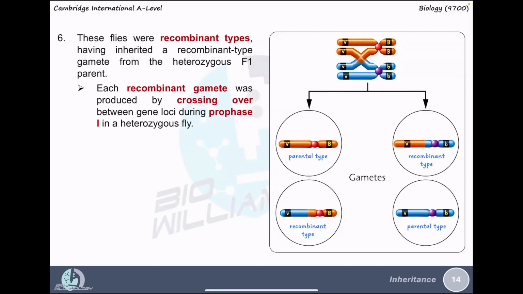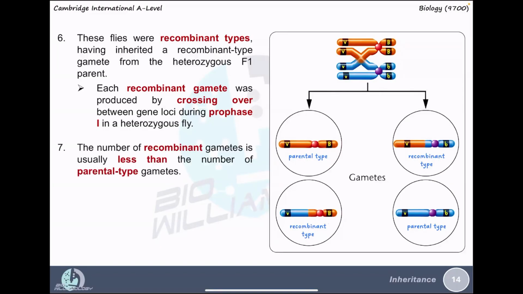Therefore, there are a small number of recombinant type gametes, where dominant allele B is now together with recessive v, and recessive b with dominant V. The number of recombinant gametes is usually less than the number of parental type gametes.